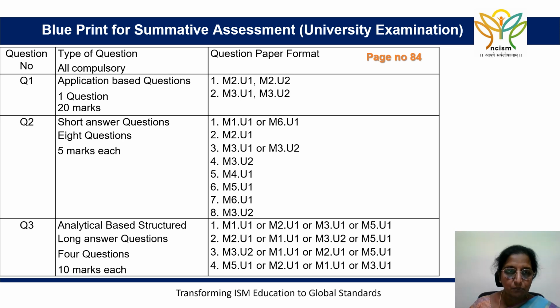For example, ABQ questions should be asked from Module 2, Unit 1, Unit 2, Module 3, Unit 1, Unit 2. Coming to short answer questions, these are the modules from which the questions need to be framed. Coming to LAQ questions, the modules are listed from which they have to be taken.